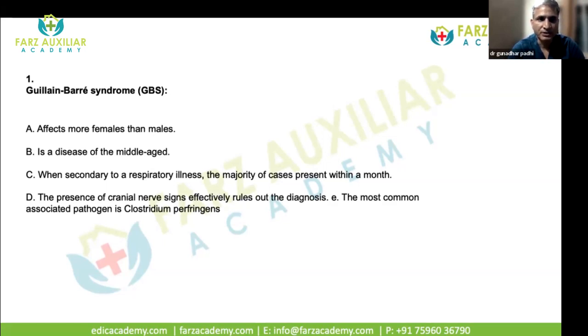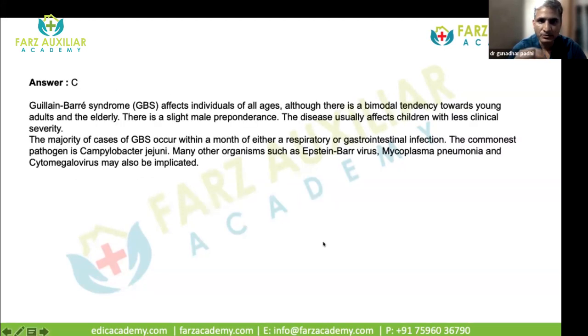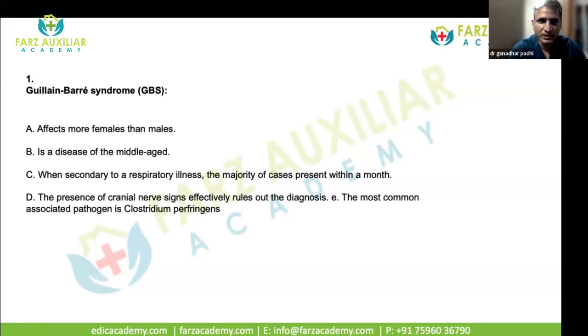So the option that the presence of cranial nerve signs effectively rules out the diagnosis, is it true? Most likely it is not true. The correct answer is C. What is C? When secondary to a respiratory illness, the majority of cases present within a month.